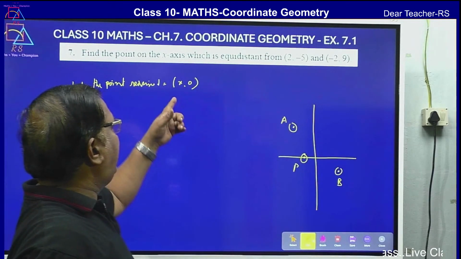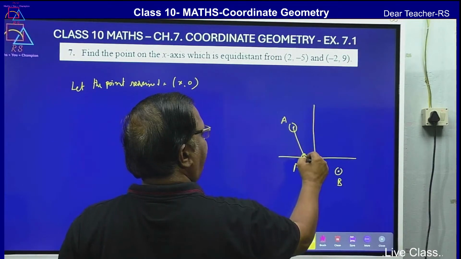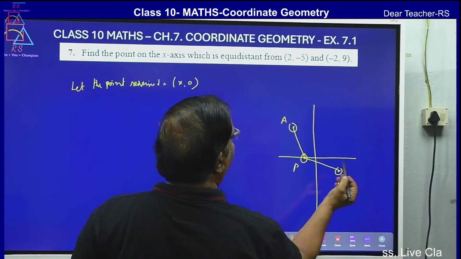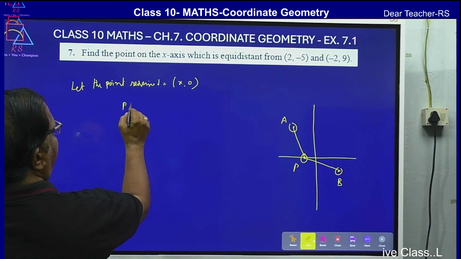You have to find x. So now this is PA and this is PB, which are equidistant. So PA is equal to PB.